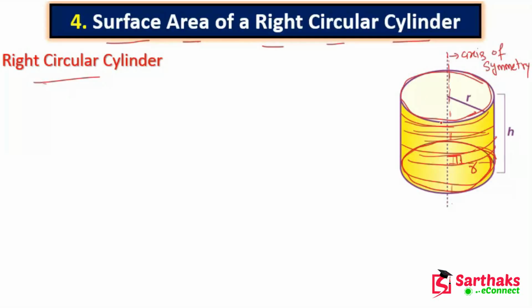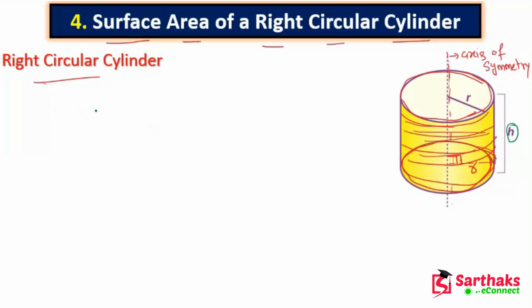I hope you get this point, my dear friends. The distance between the two circular bases is h, which means height. This is the height of the cylinder.